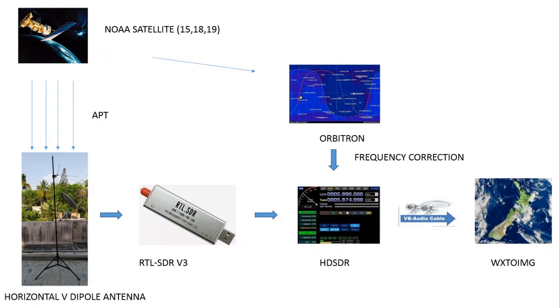This frequency correction is required to compensate for the changes in frequency occurring due to Doppler shift effect, since the NOAA satellites are traveling at a very high speed. We will look into each of these sections one by one.